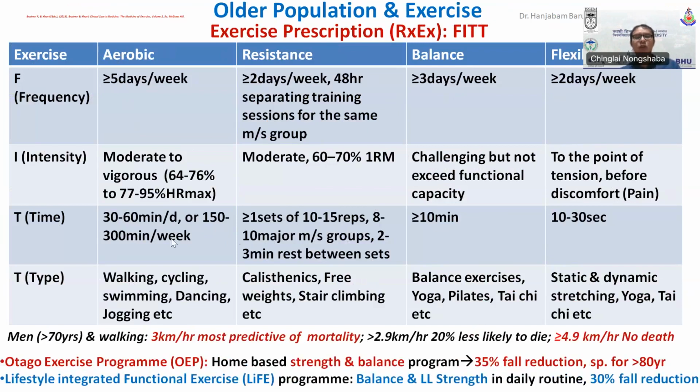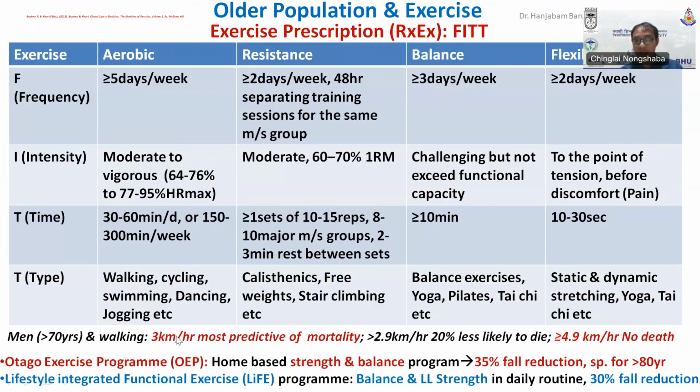Also, for an elderly population, you can assess the gait. The speed of walking is also important. For example, 3 kilometers per hour is the limit. The limit for what? Prediction of mortality. If it is less than 3 kilometers per hour, then it is very severe.